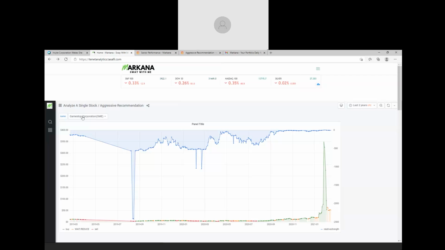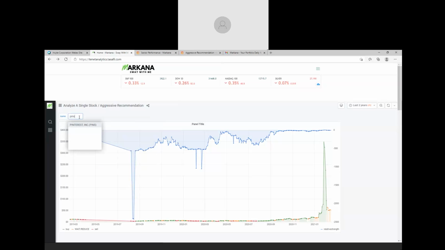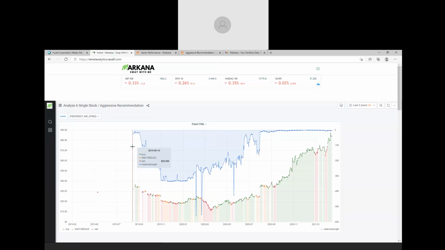For example, I'll show you this interesting chart of Pinterest, right? Pinterest had its lowest point right here, at a relative strength of 332, and it steadily went up.